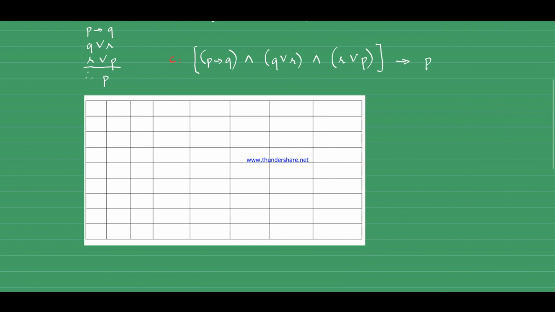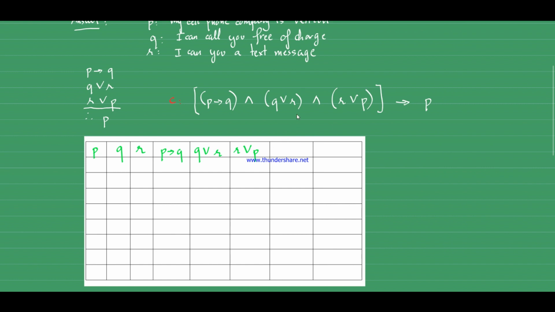So we have P, Q, R, then we have P imply Q, then Q or R, R or P. Then we're going to have this one over here.